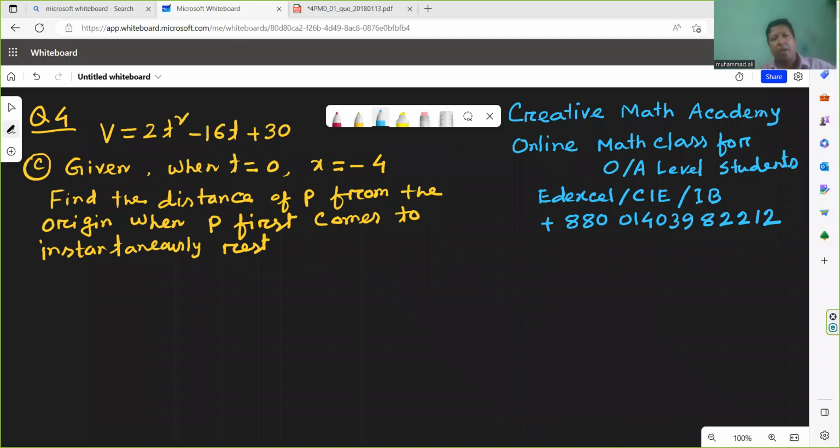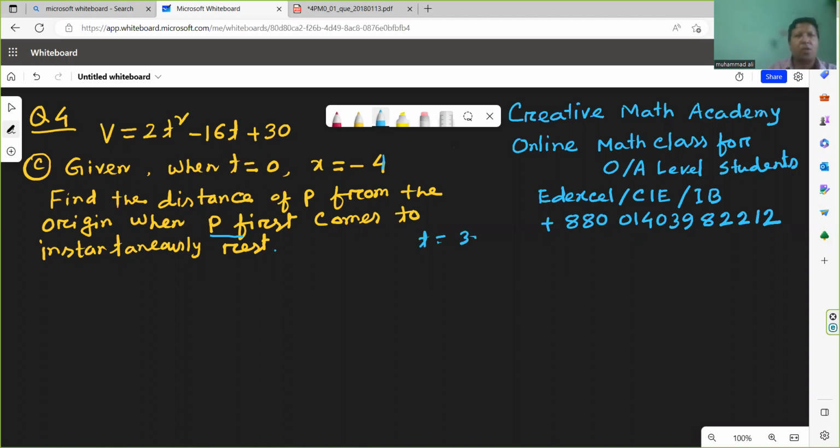The part given: when t equals 0, x equals minus 4, where x means displacement. We have to find the distance of P from the origin when P first comes to instantaneous rest. We know that P is instantaneously at rest when t equals 3 seconds.